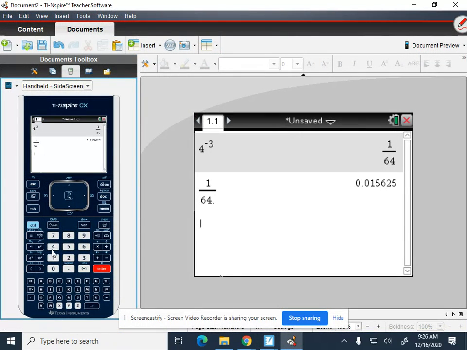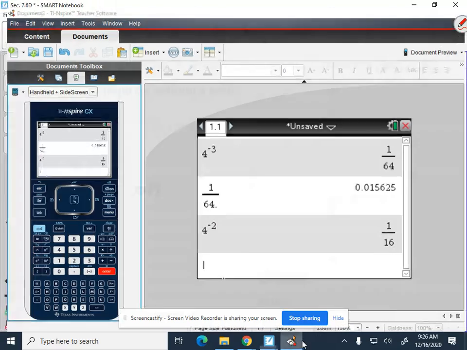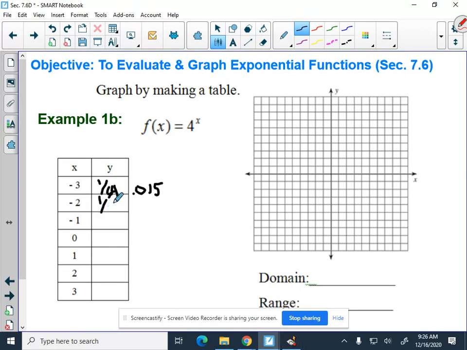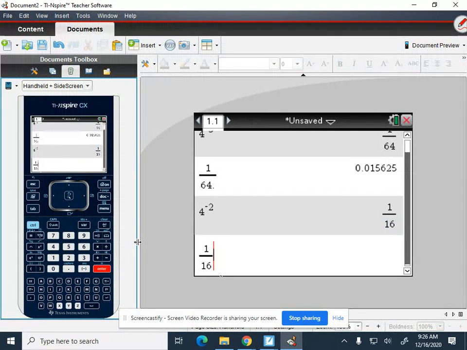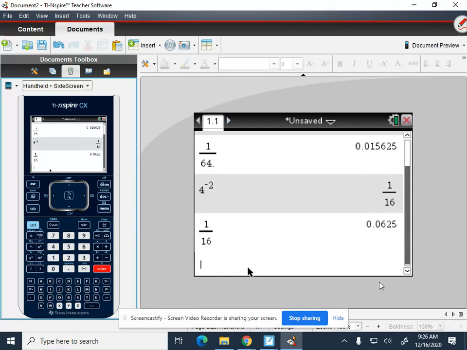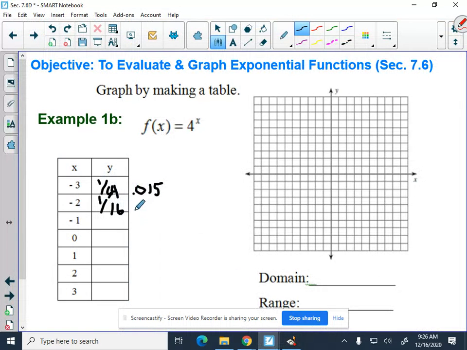So the next one, 4 to the negative 2 power is 1 over 16. Now, what's 1 over 16? We can make it a decimal. It's 0.06. So notice that's actually a bigger number. 0.06 is bigger than 0.015.